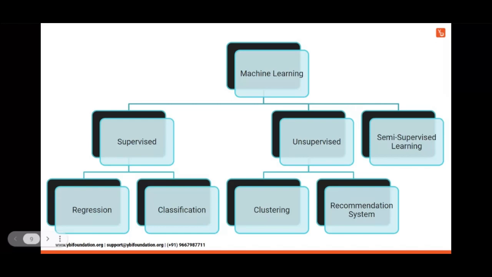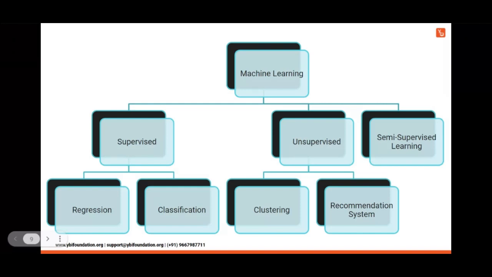Supervised is a problem where we have the available data for our label or target, and also our independent variables. That is the domain of supervised machine learning. And unsupervised machine learning is where we only have our features, not the label or the target. So that is unsupervised.